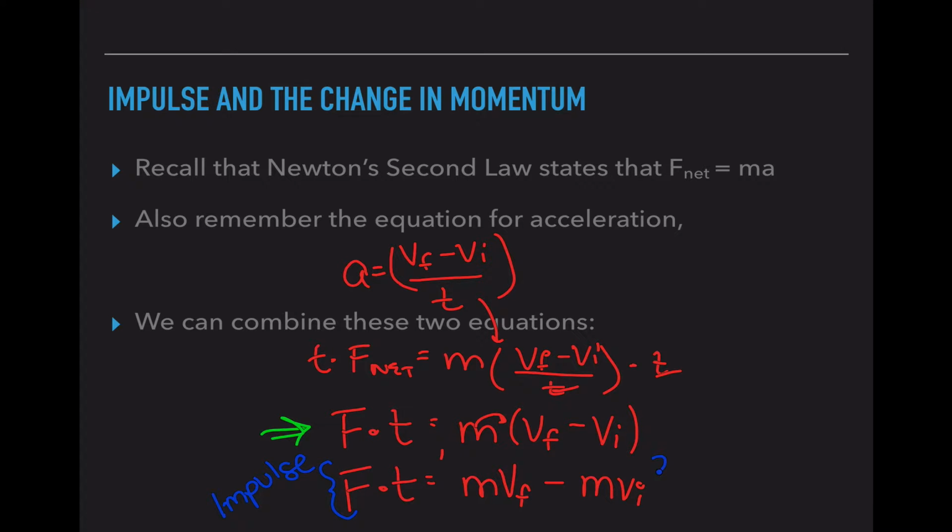This side of the equation, mass times the final velocity minus mass times the initial velocity, is our change in momentum. So based on this substitution in this equation, impulse is equal to the change in momentum. F times t equals mass times final velocity minus mass times initial velocity.